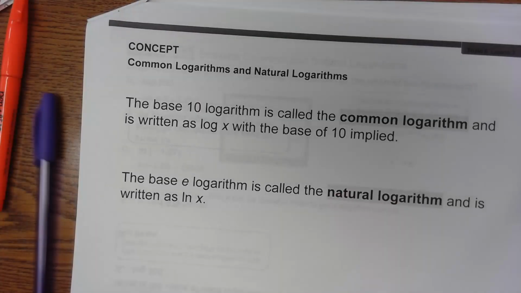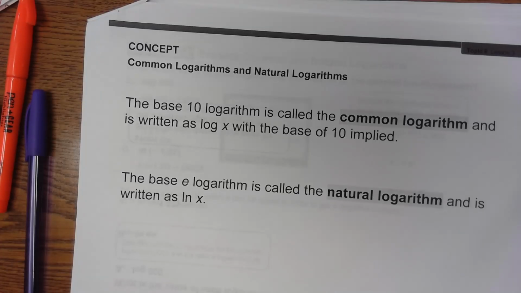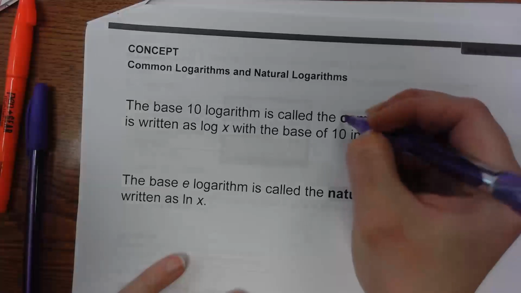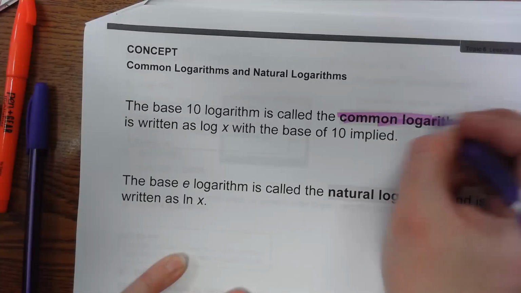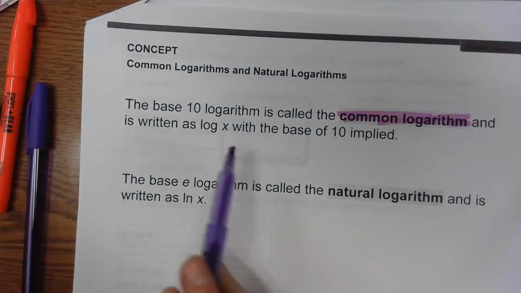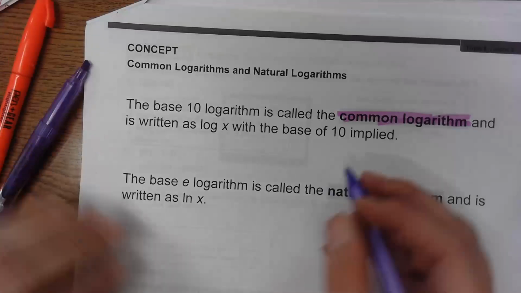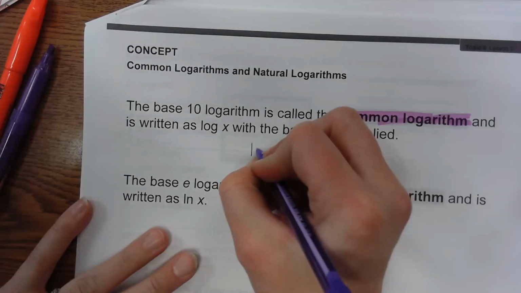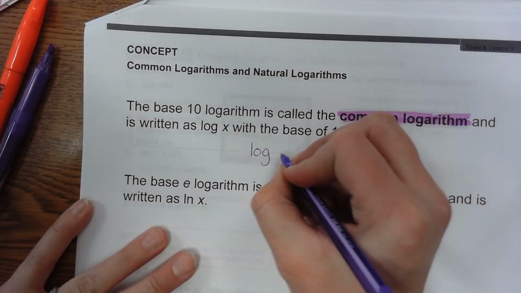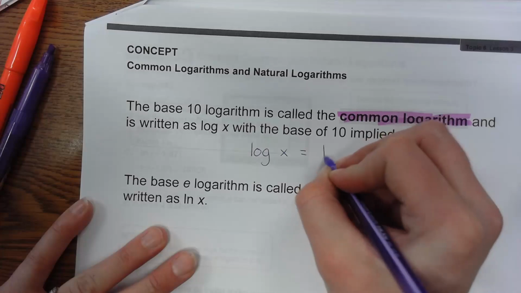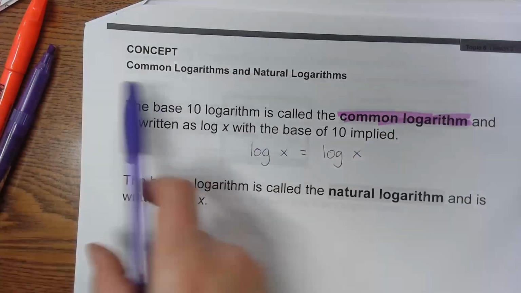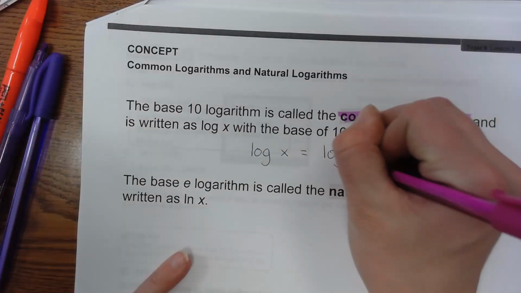Our next 2 vocab words: what happens when we have a base 10? That is called the common log. It is written as just log of x with the base 10 implied. So when it's not written, it really means log base 10.